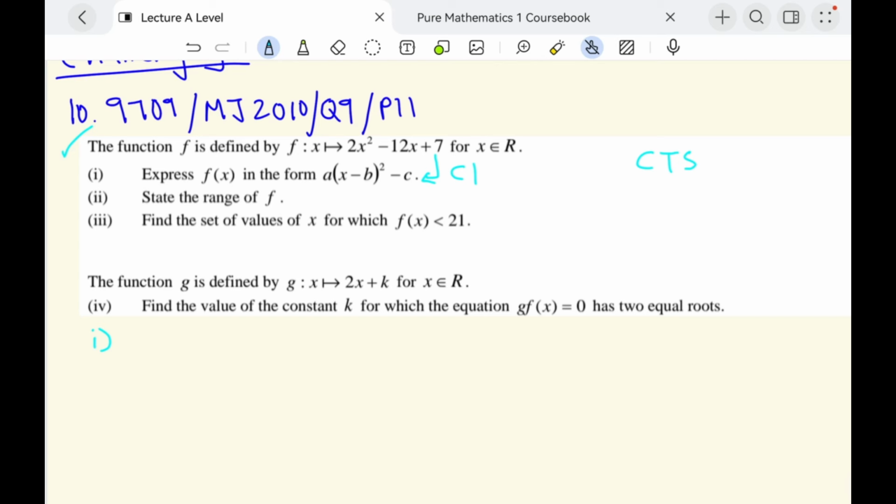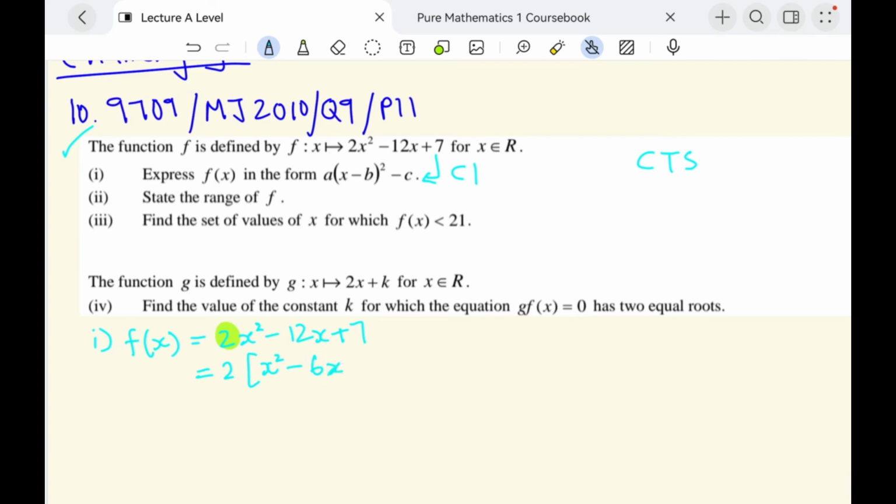Okay, so you can write it like this: f(x) equals 2x squared minus 12x plus 7. What should I do now? I factorize 2 outside in order to let the coefficient of x squared become 1. Here I have 6, and also here the 7 is 7 over 2. Maybe I use the ordinary bracket, not the square bracket.